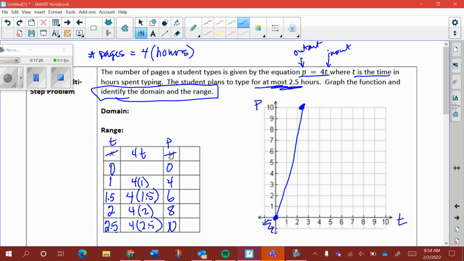My domain is going to be from 0 to 2.5, and my range is 0 to 10. So 0, 1, 2, what I put in. However, it could be anything that's greater than 0. So I'm going to say my x values are going to be greater than 0.